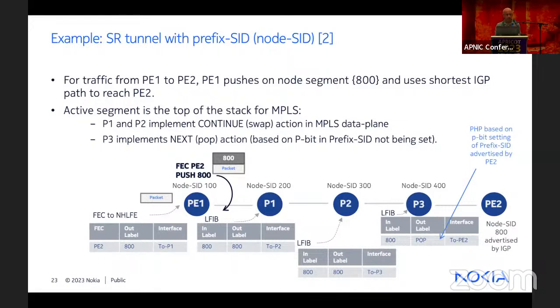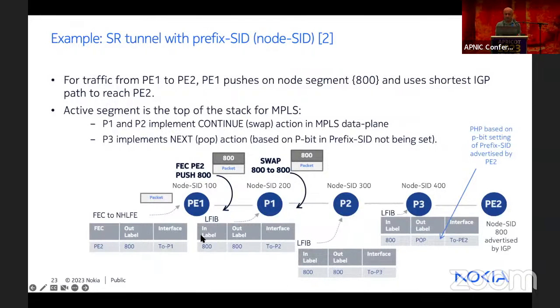What's going to happen at P1? Same thing. Well, not quite the same thing, is it? It's a transit LSR. So it will be doing a lookup in its LFIB. So it comes to P1. P1 looks at its LFIB. Okay, incoming label is 800. That's a top label. In fact, that's the only label.